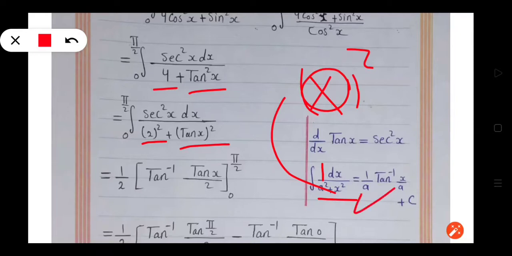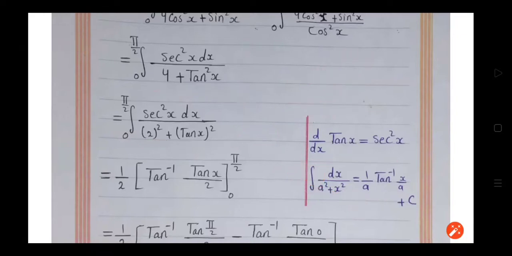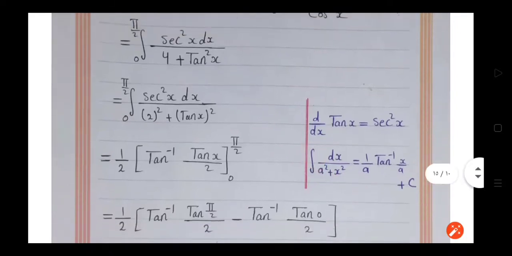It's direct integration. That means the basic condition for tan minus 1 or sine minus 1 or sec minus 1 is that the function tan x has its derivative in the numerator. The derivative of tan x is sec squared. That's the form for tan inverse.